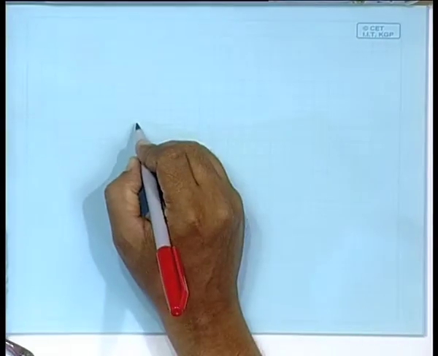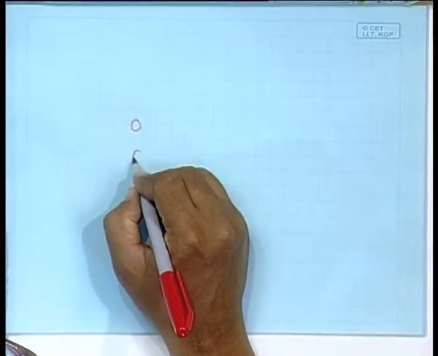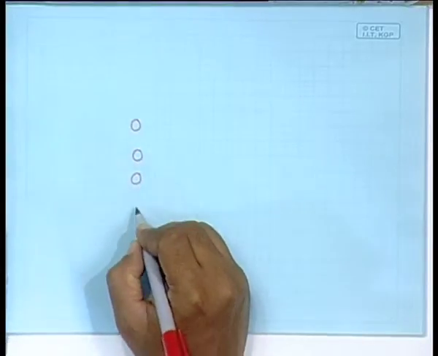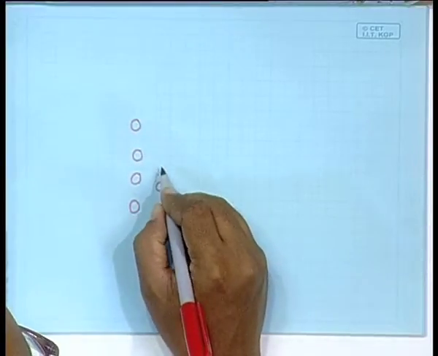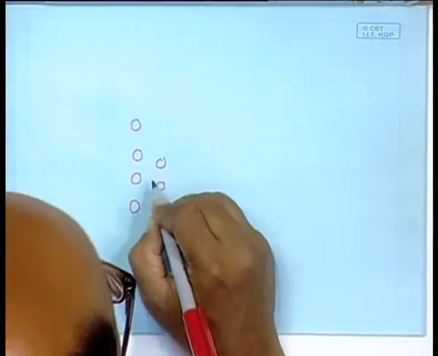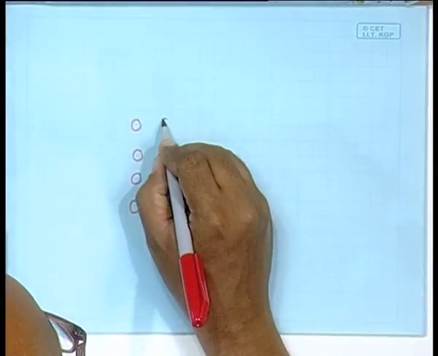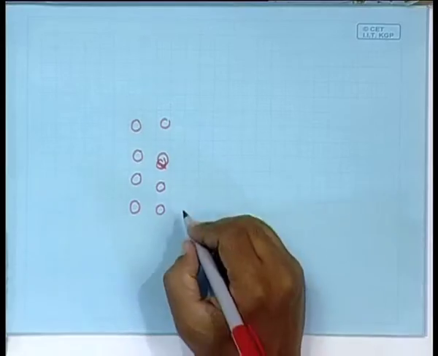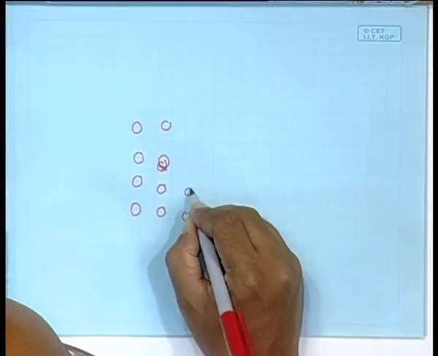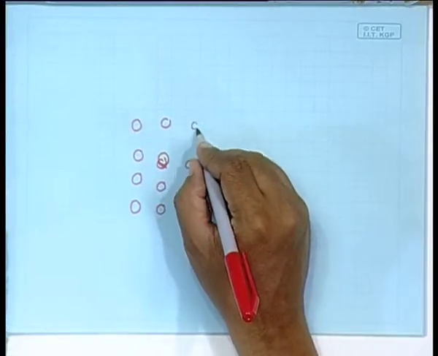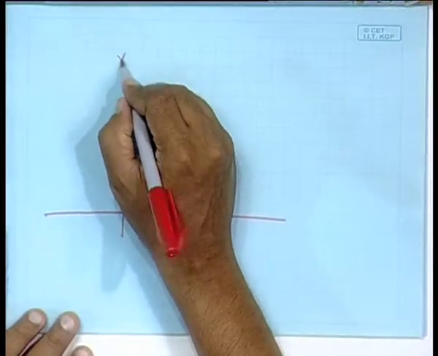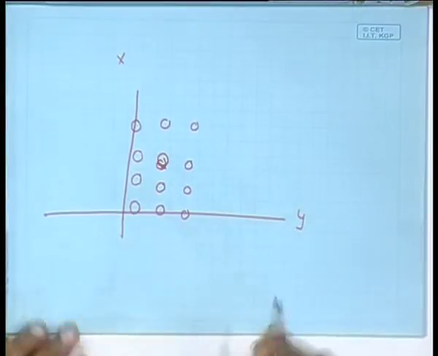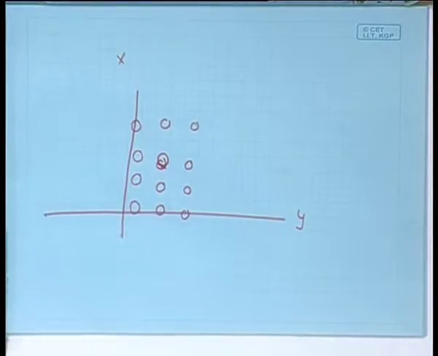Let me draw a picture in 2 dimensions again. So, this is my crystal. Let me call this the x axis and this the y axis, and I also have the z axis.